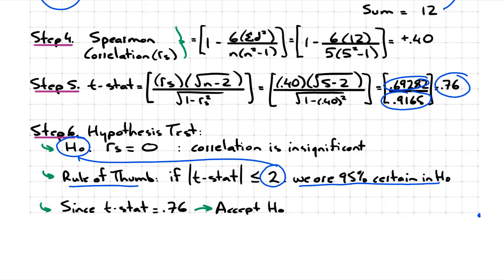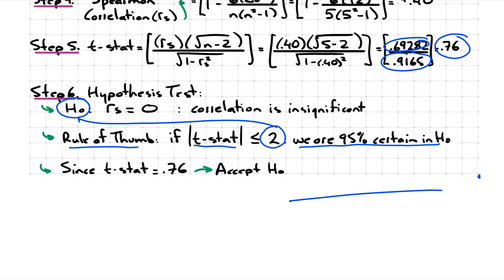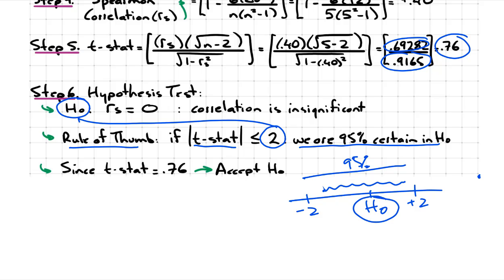Let me do an illustration. Here's the null, and if you go plus or minus 2 standard deviations away, this covers a 95% range for the null. If the sample falls anywhere here, we accept the null. On the other hand, if the sample falls outside of positive 2 or negative 2, then we would reject the null.